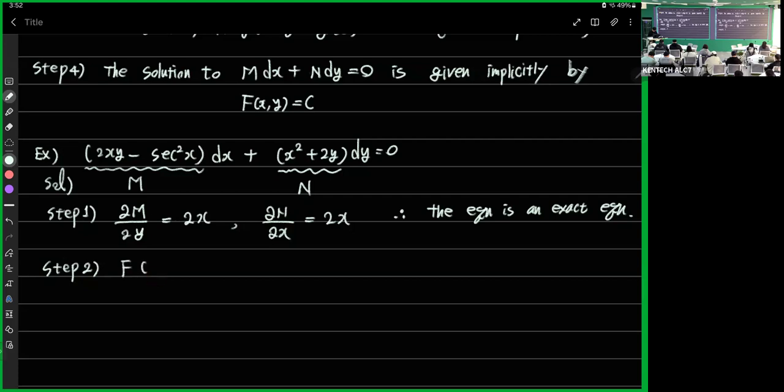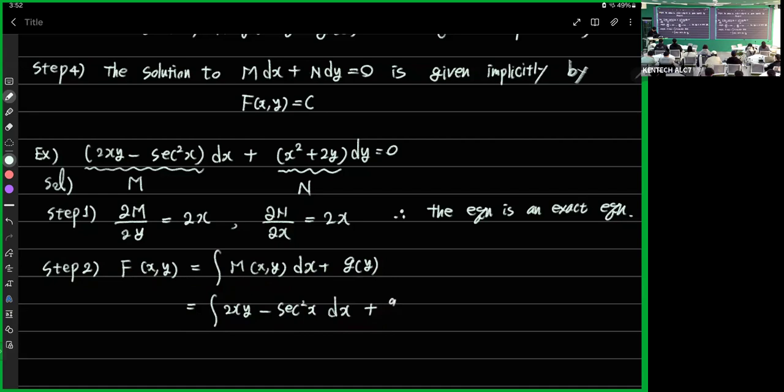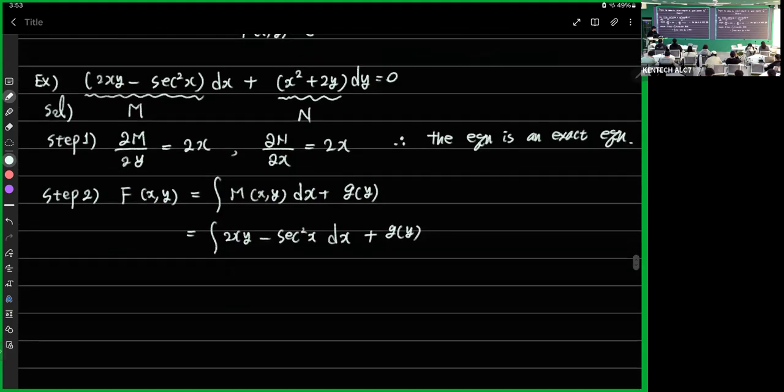So now we define f of x comma y as the integral of M dx plus g of y.